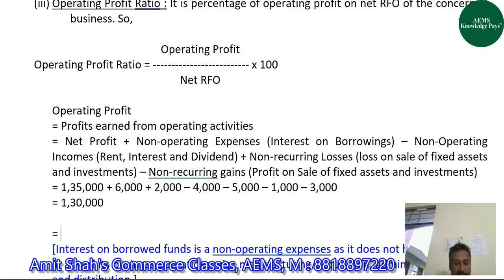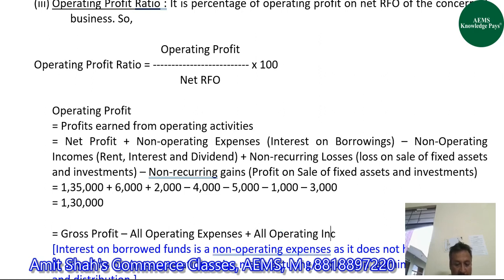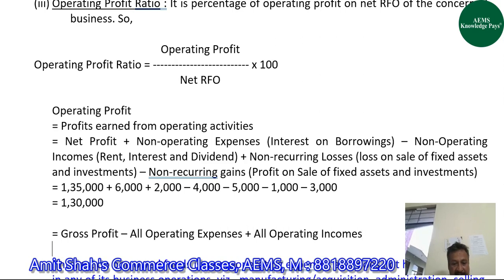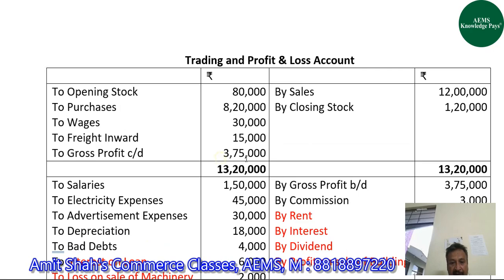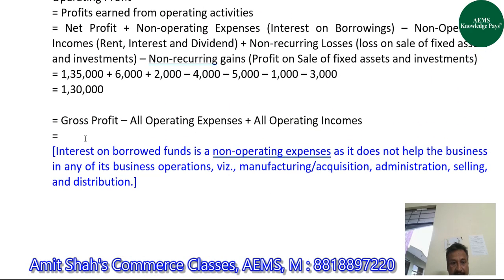The other way to calculate operating profit is starting from gross profit. So from this, we subtract all operating expenses and add all operating incomes. That's it. So what was our gross profit in this question? It was 3,75,000. From this, we'll subtract all operating expenses.